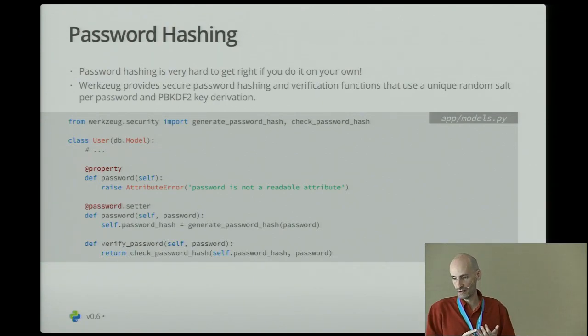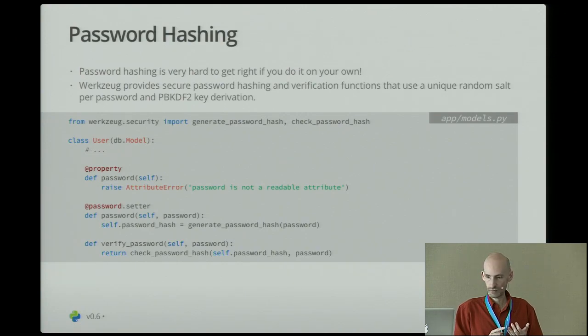So I added two methods, actually three methods, to my user model. I made a method that I wrote as a property called password, so that I can say user.password equals, so it looks like it's a member variable, not a method. Because it looks nice that way. This property is write only, so I can only write a password to it, but if I read it, there's no password.